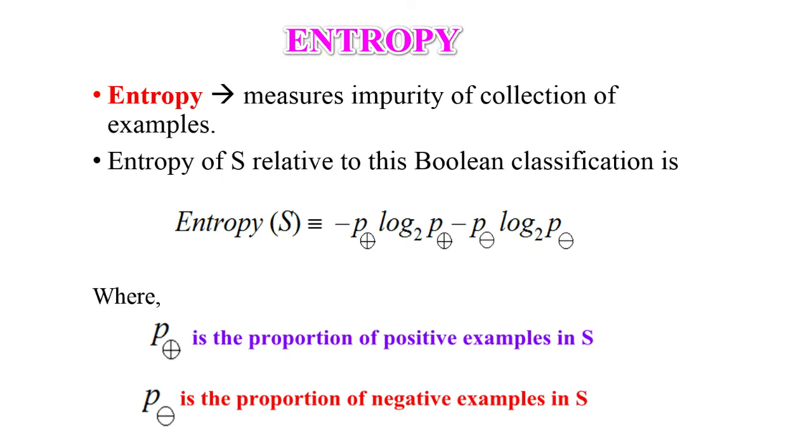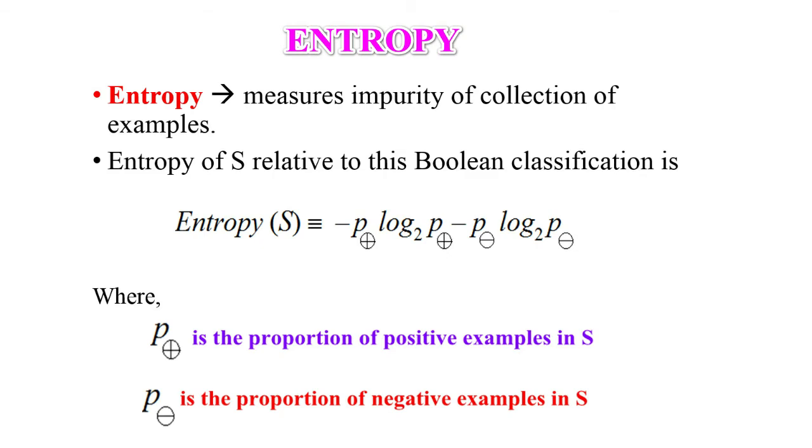Here probability of positive sample is the proportion of positive examples in collection S, and probability of negative sample is the proportion of negative examples in collection S.